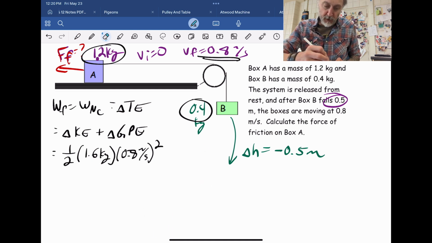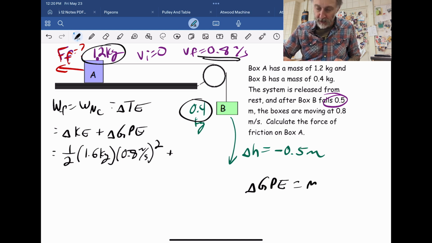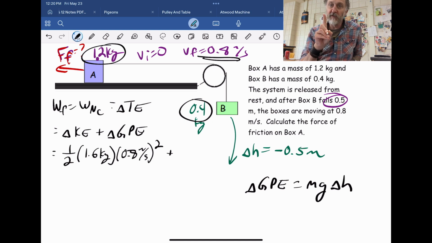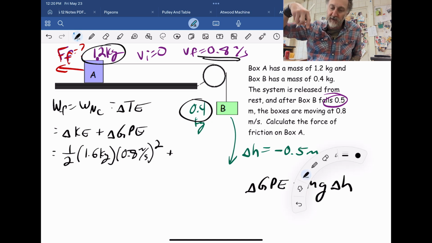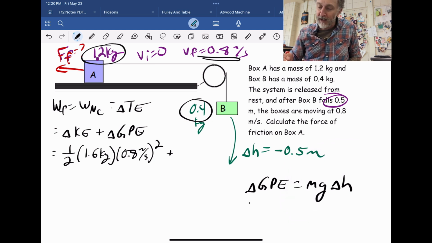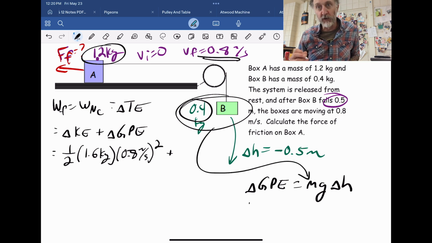All right, plus my change in GPE. So remember, change in GPE, there's a shortcut, right? We can do mg delta H, and just be careful. Moving up is positive delta H, moving down is negative delta H. So here, now the question though is what mass is losing GPE, and it's just box B. So this mass is different than the mass that you use for the kinetic energy, okay?